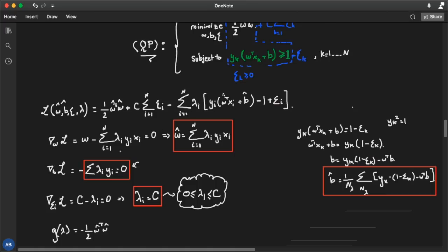Okay, and the C sum on xi I, and right here you have a minus sum on lambda I xi I, where lambda I is C. We're solving with equality, so both cancel, and you're left with a plus sum on lambda I.